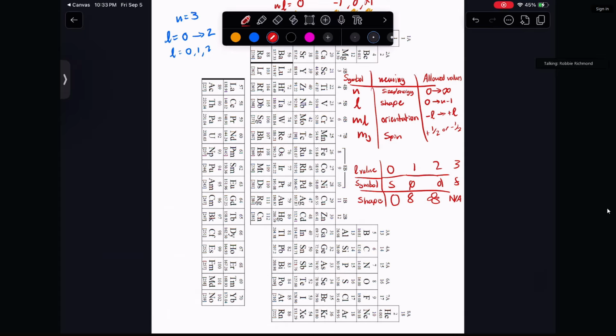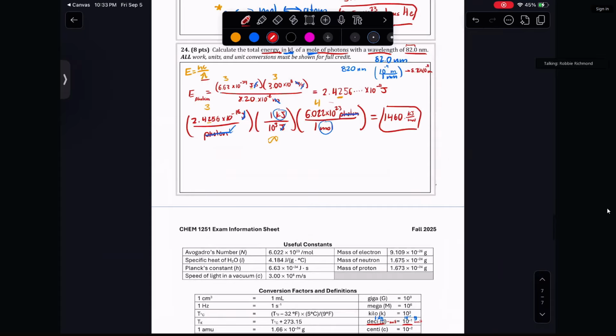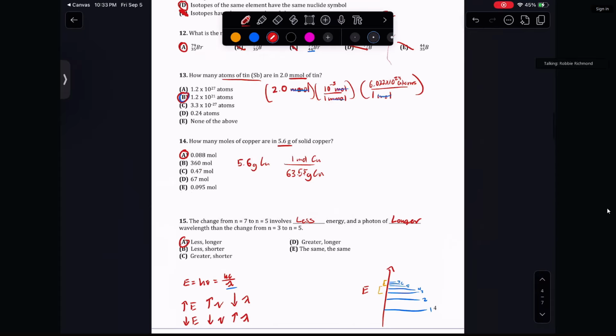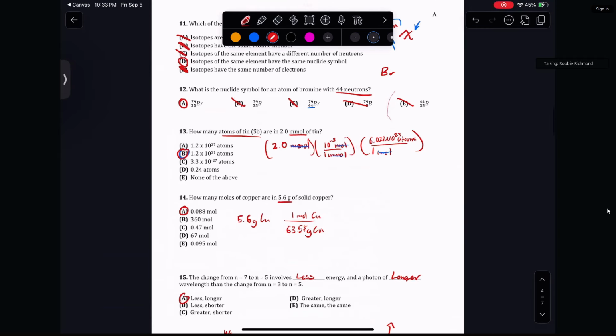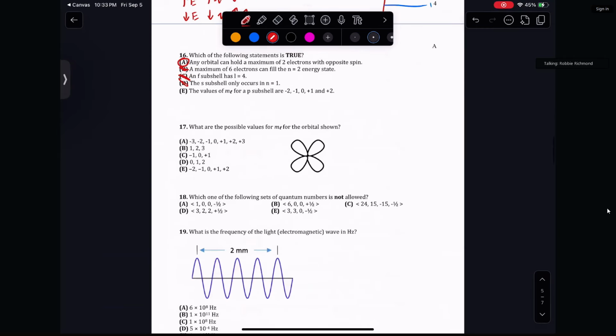So -1, 0, and +1, not -2, -1, 0, 1, and 2. So answer choice E is wrong, so process of elimination says answer choice A is right. And as I reiterated for answer choice B, a maximum of 6 electrons can fill the n equals 2 energy state, but it's factual that an orbital will hold an upspin and a downspin electron.